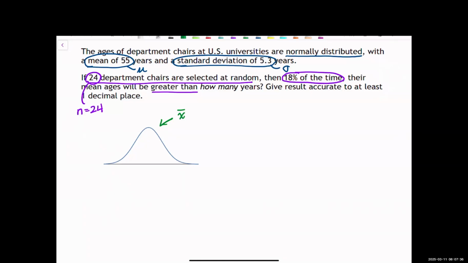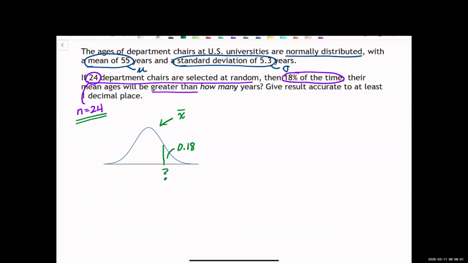We want to find the age cutoff so that 18% of samples of size 24 will have a mean greater than that value. So we're looking for the upper 0.18 of the distribution to be greater than what value?